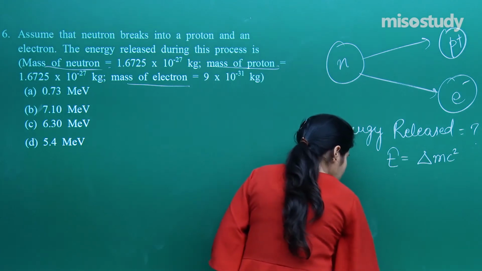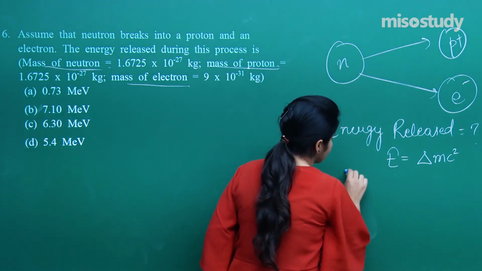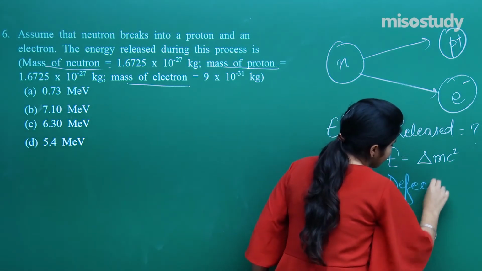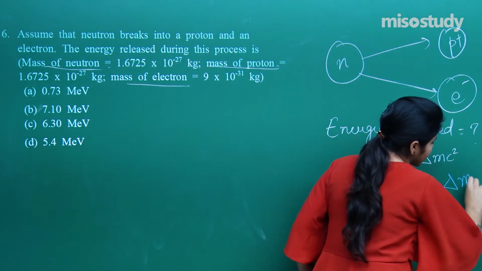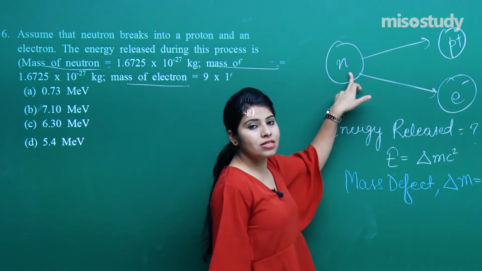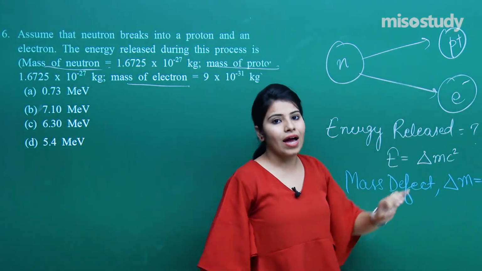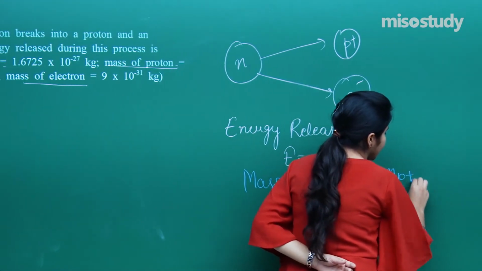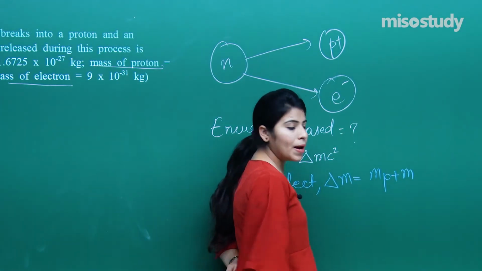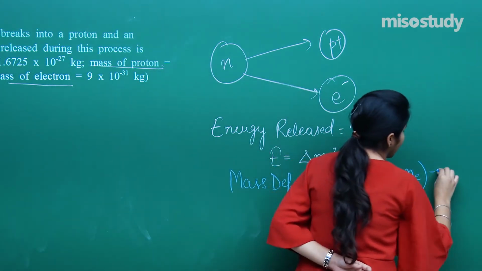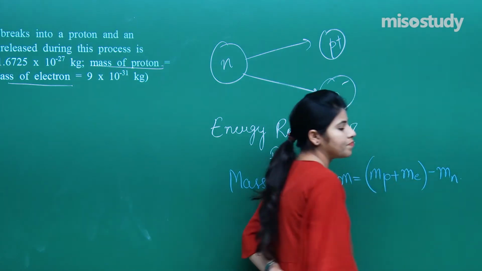So now if you want to find the mass defect, what are you going to do? To find the mass defect, that means delta M, earlier it was a neutron and it is breaking down into a proton and an electron. So the mass defect will be Mp, that means mass of proton, plus mass of electron, minus mass of neutron.